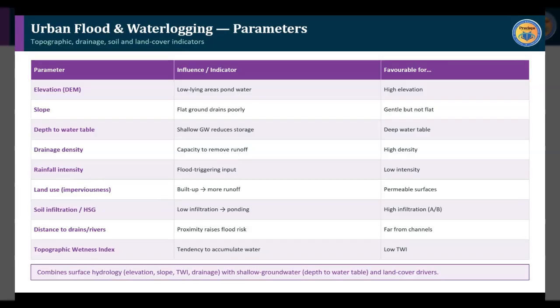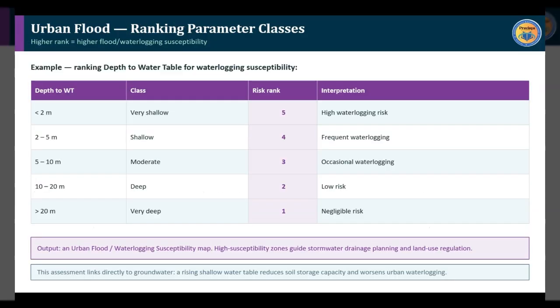Let's talk a little bit longer on this topographic wetness index, because it is such a useful layer that many people haven't even heard of it before, or you might have not read about it before.